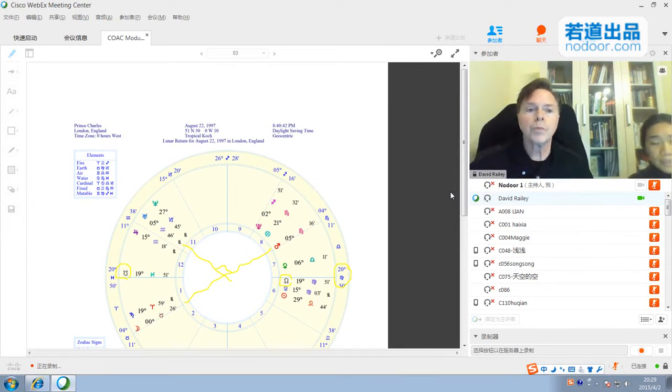The south node represents the role that he will, out of habit, have to play in response to these new developments. He must play the role of the compassionate father, a compassionate man, dealing with a highly sensitive situation.